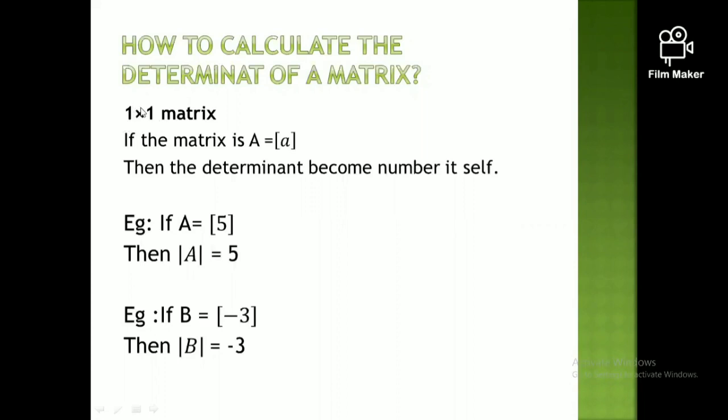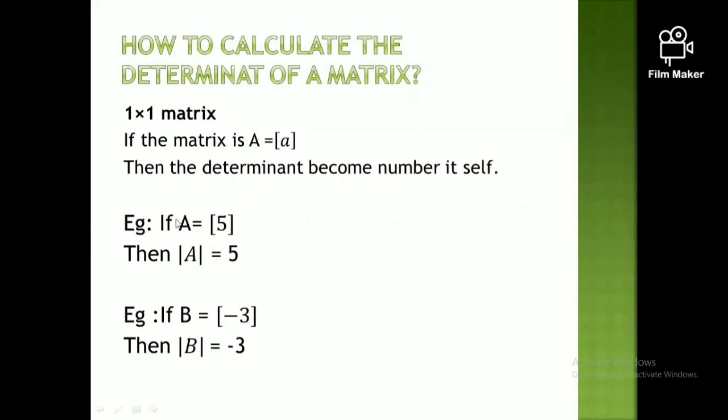If the matrix is 1 by 1, it contains one row and one column. If you are not familiar, please refer to my first video. If the matrix is a 1 by 1 matrix as shown over here, the determinant becomes the number itself, that means the number inside.